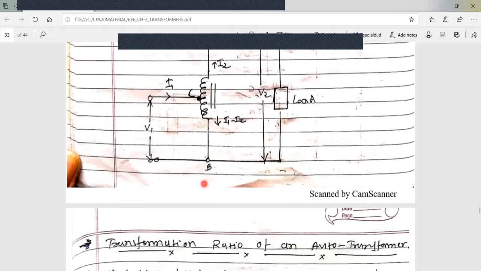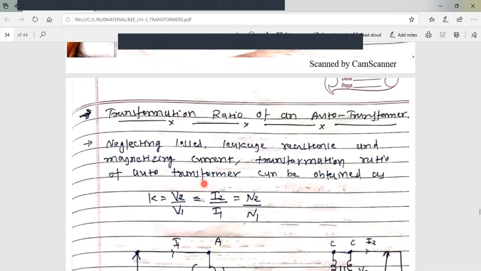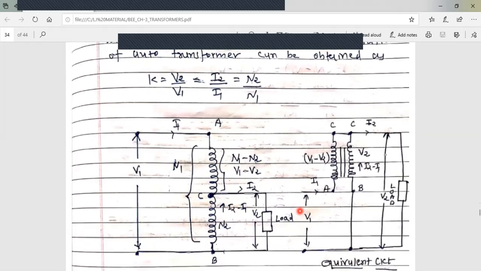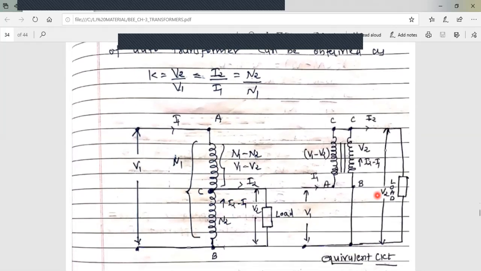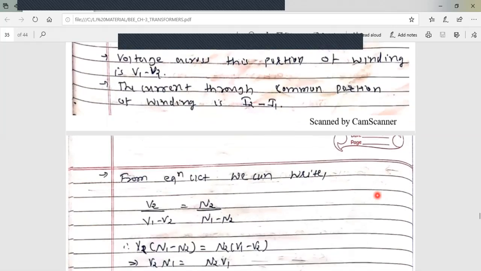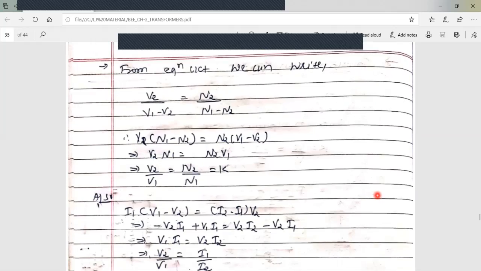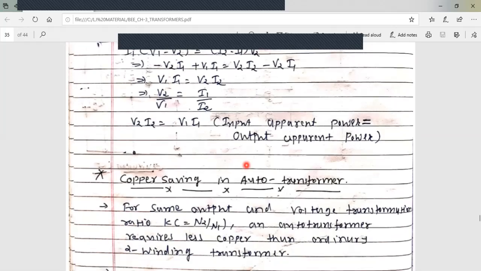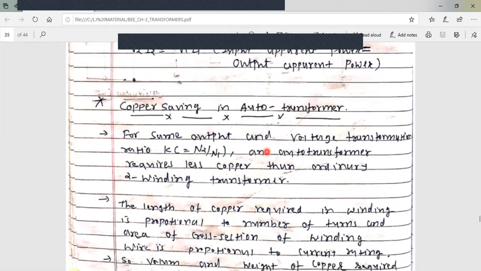And we have discussed the transformation ratio of auto transformer by taking the example of step down auto transformer, and this is the equivalent circuit. Here V2 by V1 equals N2 by N1 equals K, which is the transformation ratio in auto transformer.